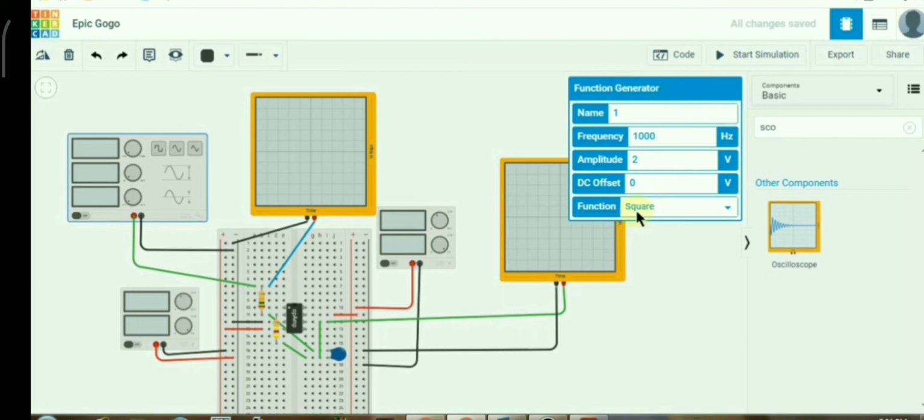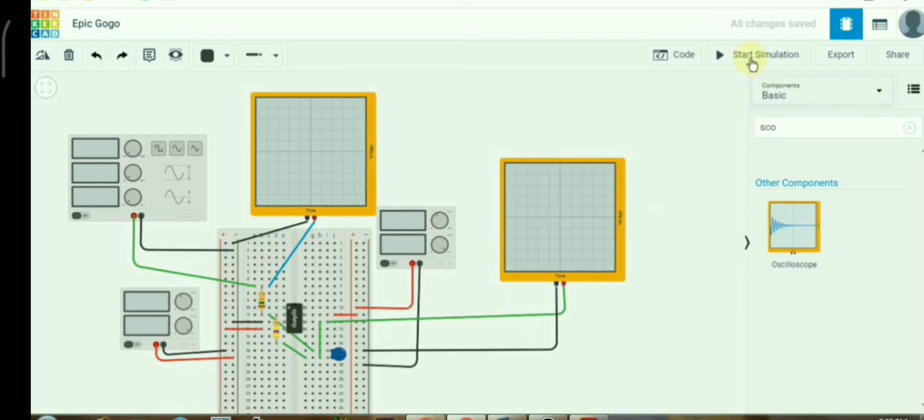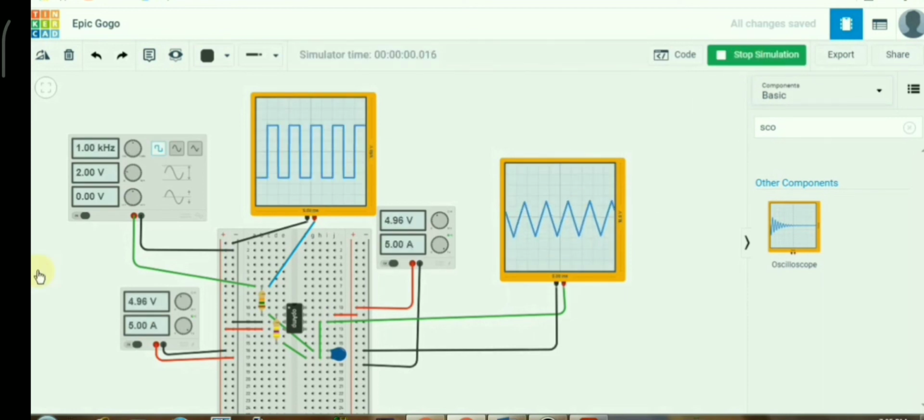Now we choose the function as a square wave, frequency as 1 kilohertz for the function generator. The scope time per division is 0.50 millisecond. Same value must be provided to the output scope. Time per division of both are same.